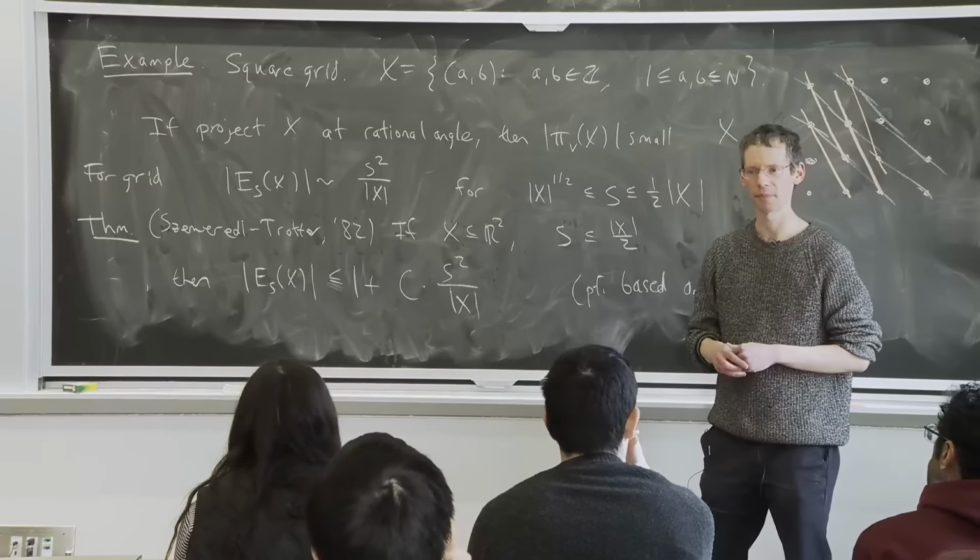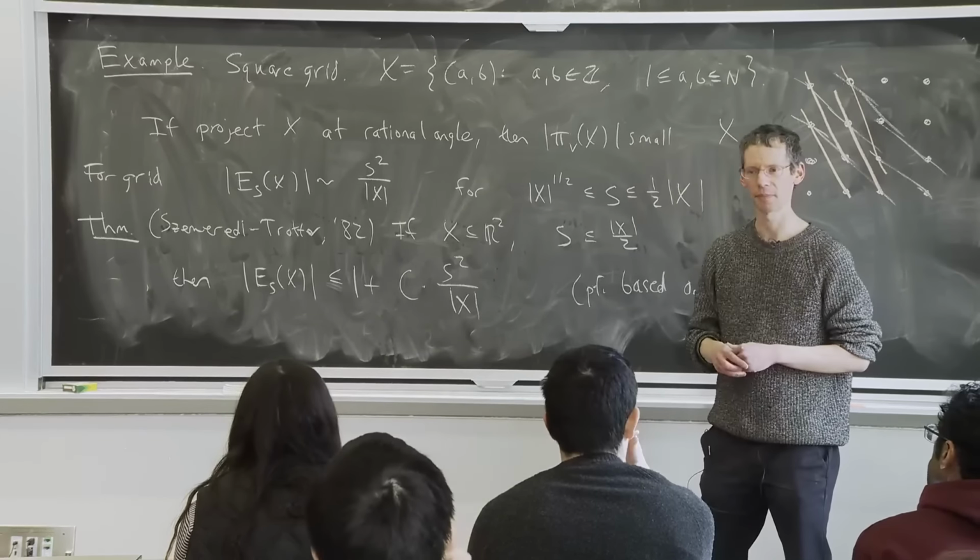So I could look at the set of directions where the projection has length less than s, maybe. So E_s of x might be a set of v in Gr(1,2) so that pi_v of x has length at most s.